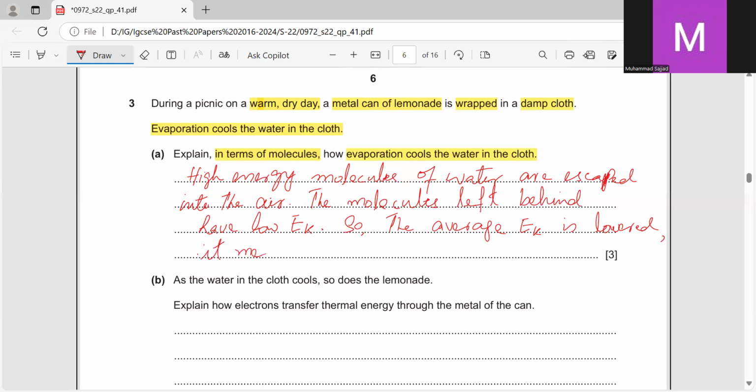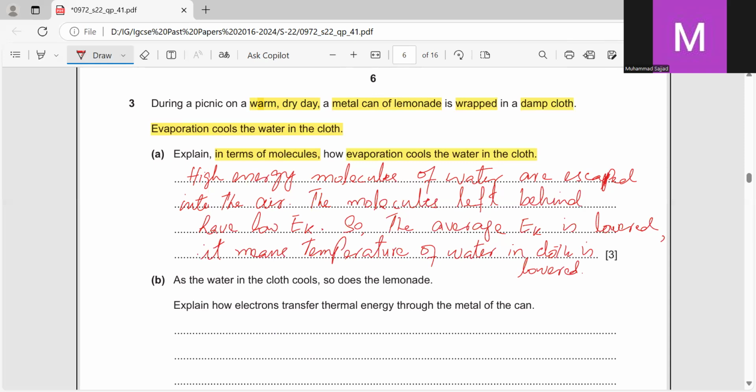It means average kinetic energy, we know that is temperature. So it means temperature of water in cloth is lower. So like this, you can give the answer.